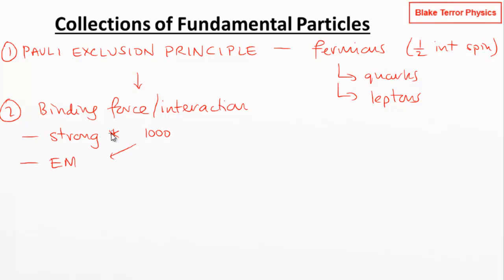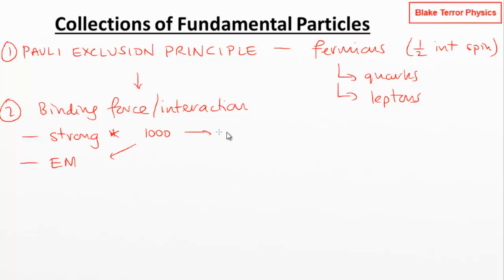So we're going to get a lot of mileage out of the strong force, and it can overcome electromagnetic repulsion. So we can start sticking positively charged stuff or negatively charged stuff together, providing we've got some strong force there, which is giving a greater attractive force than the electromagnetic repulsion.